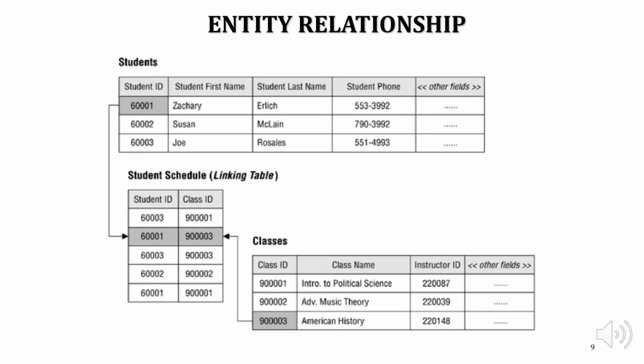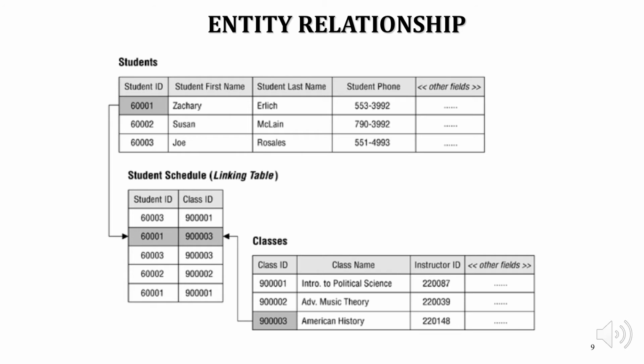So this is an example where each of the tables are connected. What I mean is, in one database we can create more than one table. If you refer to this slide, we have the table of the students, the table of the student schedule, and also the table of the classes.